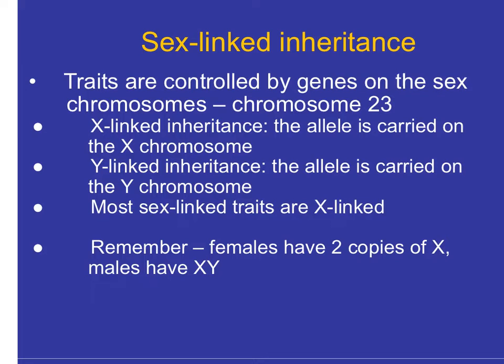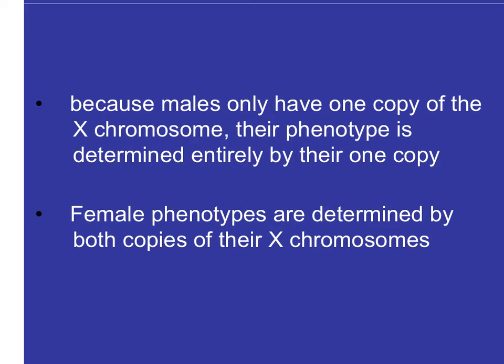Recall from previous lessons, females are going to have 2 copies of an X chromosome, and males are going to have an X and a Y. So right off the bat, males and females have different sex chromosomes. This is where males can sometimes be at a disadvantage when it comes to sex-linked diseases.